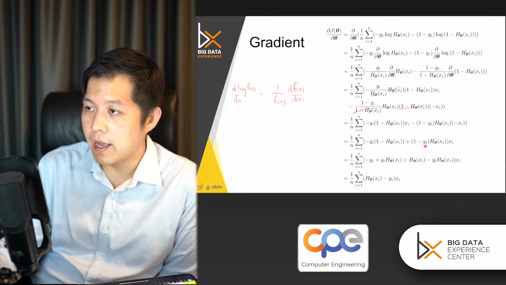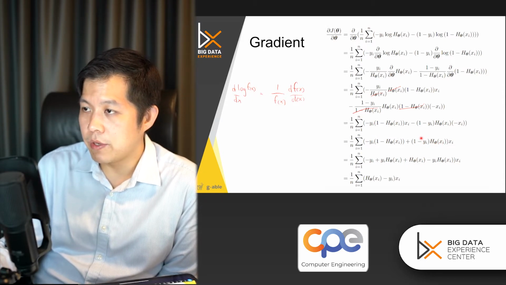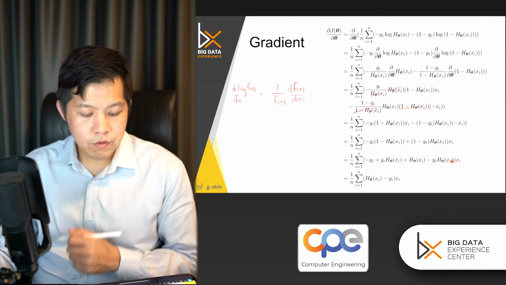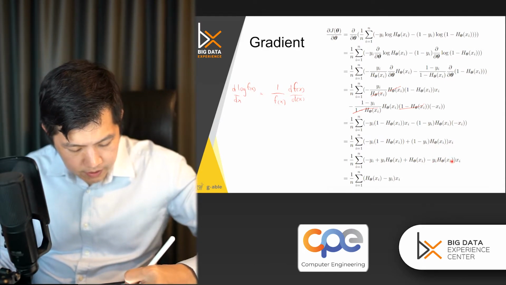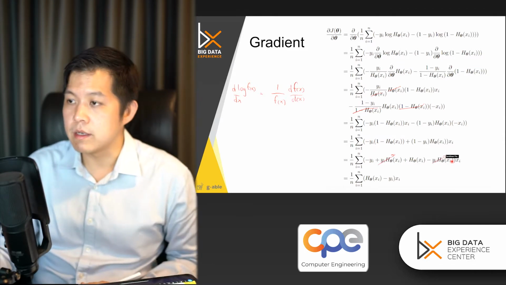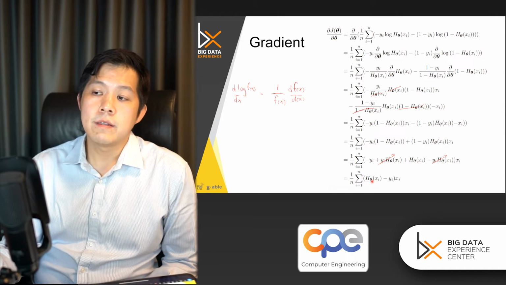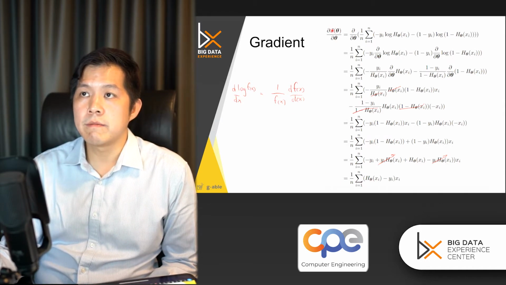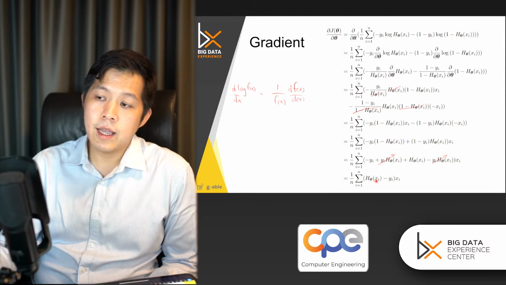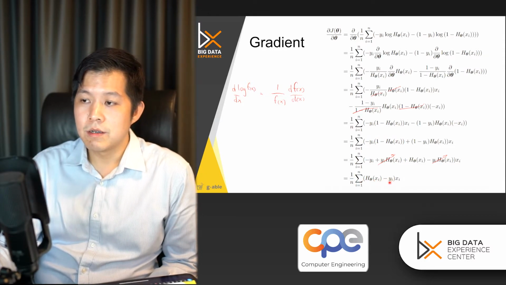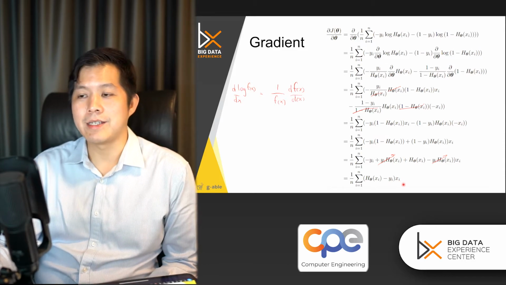And then minus yi h theta xi, multiplied together, you get minus yi h theta xi. Now you will see this term cancelling with this term because here is minus, here is plus. And finally, the result is that the gradient of this one is h theta xi minus yi, times xi.